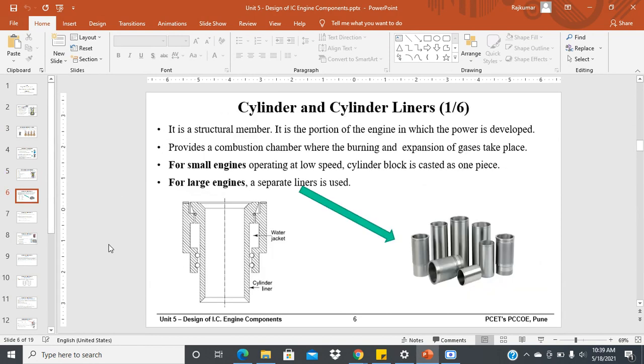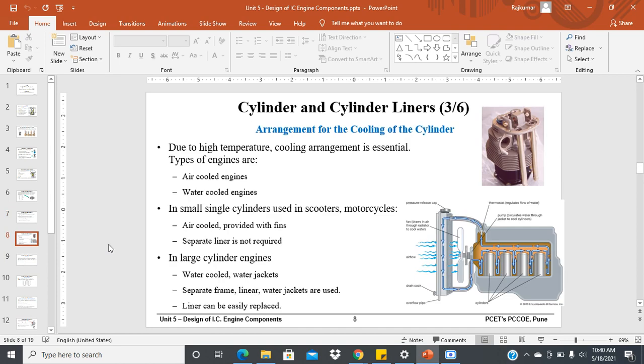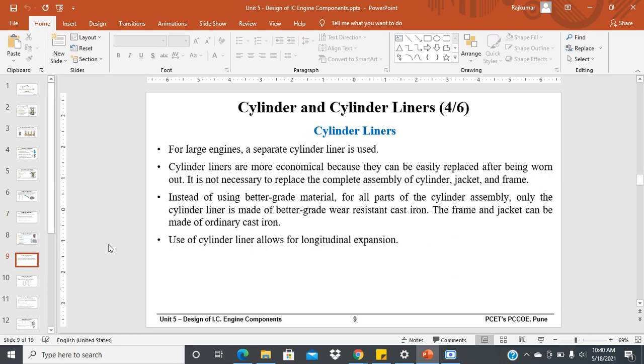Then the construction of cylinder and cylinder liners. We saw when cylinder liners are used, what are their advantages and disadvantages, the primary function of the cylinder, and the parameters that we need to consider while designing the cylinders. Then how engines are classified based on the arrangement of cooling system. In that we saw air cooled engines and water cooled engines.